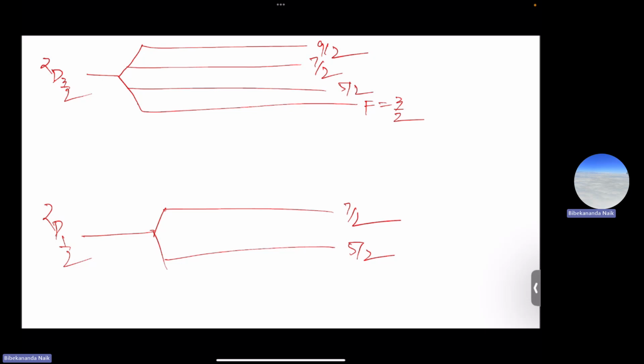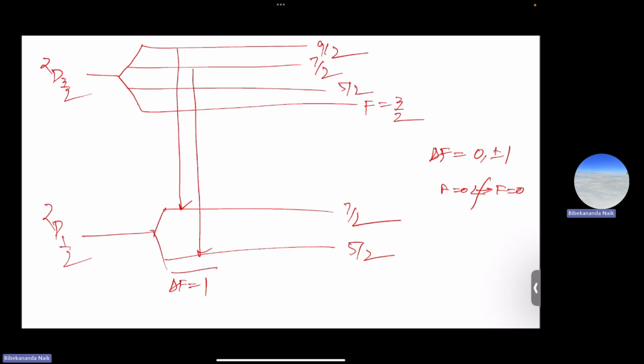Now what is the selection rule? The selection rule is delta F equals 0, plus or minus 1, and F 0 to F 0 is not allowed. Similar to the previous question, 9/2 to 7/2 is 1, then 7/2 to 5/2 is 1. So they correspond to delta F equals 1. Then delta F equals 0 means 7/2 to 7/2, 5/2 to 5/2.